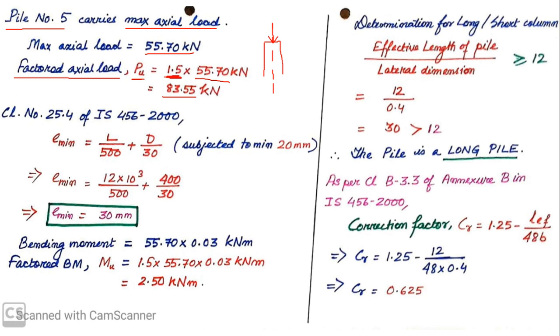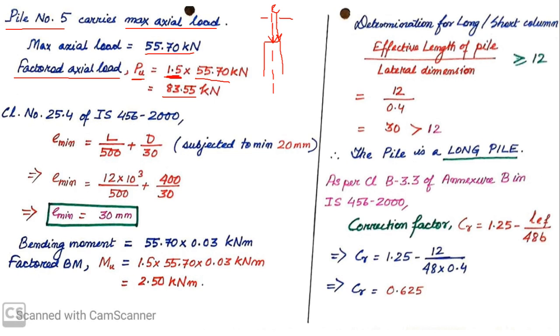It may act at a distance from the axis. When there is such a difference between the axis and the load, it gives rise to something called eccentricity. This distance is called eccentricity, denoted by e.